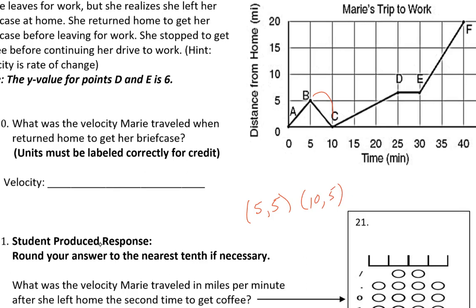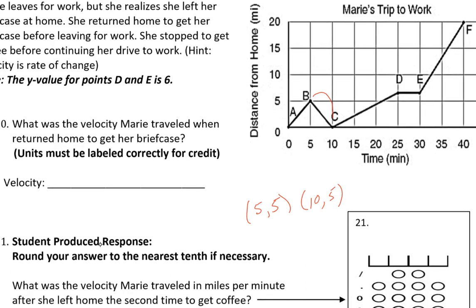For that, I would subtract my y. And there, so point C is at 10, 0, not 10, 5. All right, so when I subtract my y's, I'd have 5 minus 0. On the bottom, 5 minus 10 for my x's. So that gives me 5 over negative 5. So our slope there, our velocity is at -1.